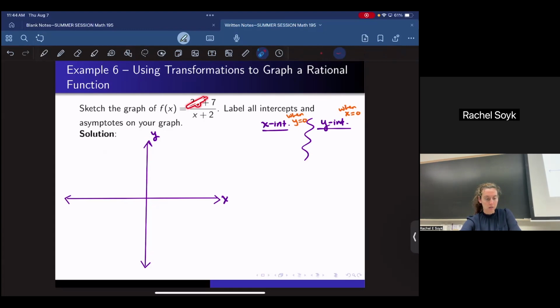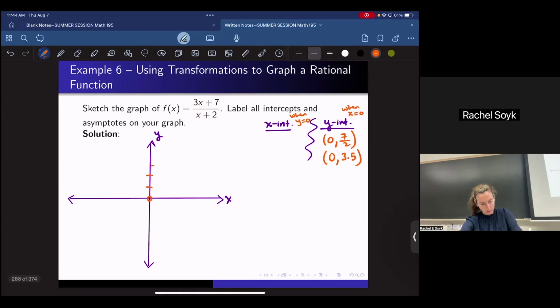This goes to 0, this goes to 0, so we end up with 7 over 2. As a coordinate point, 0, comma, 7 over 2. As a mixed fraction, 0, comma, 3.5. So now let's plot that.